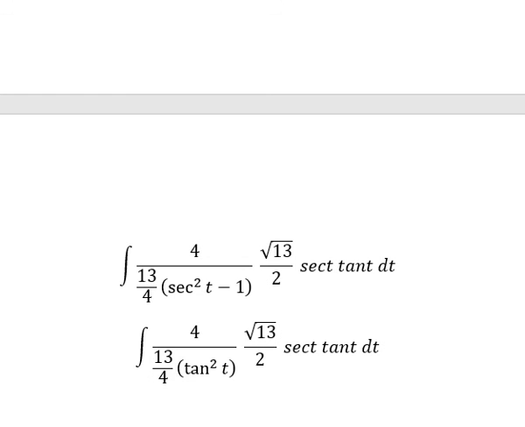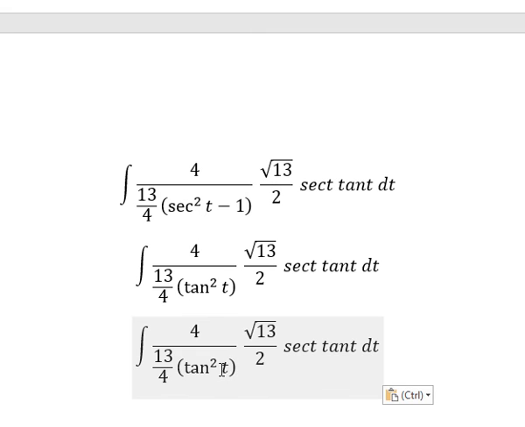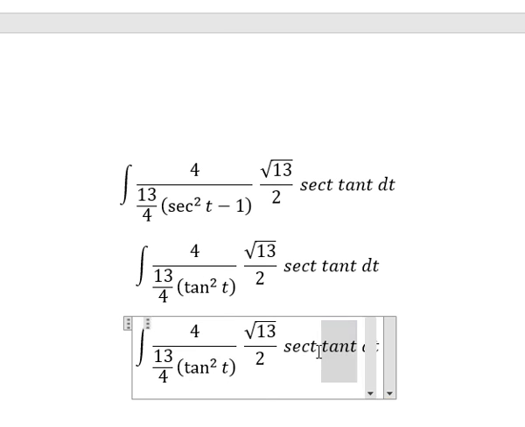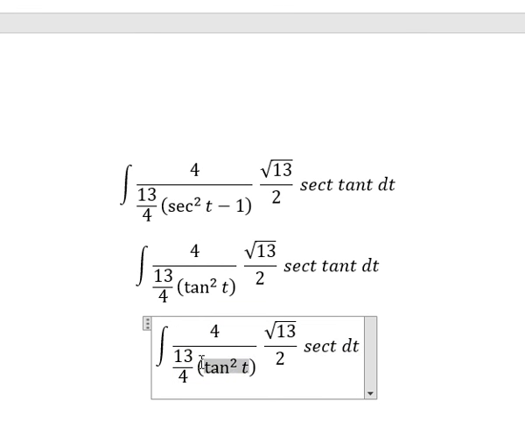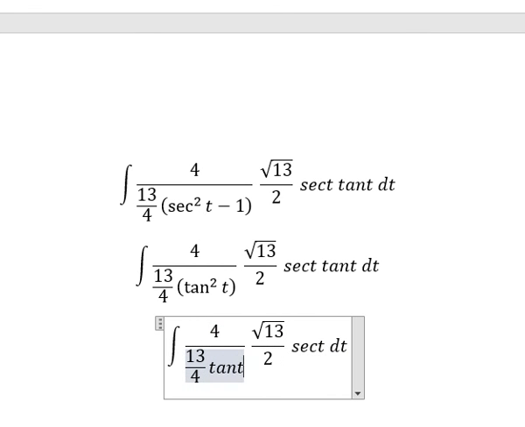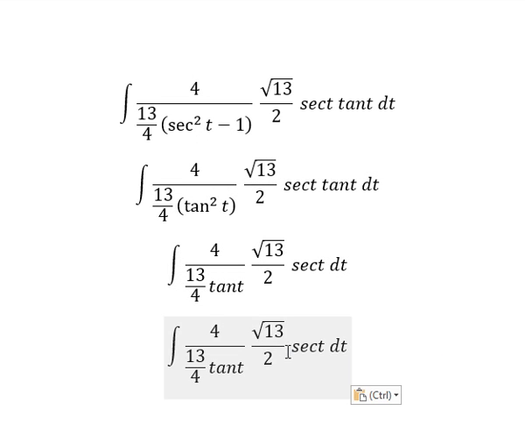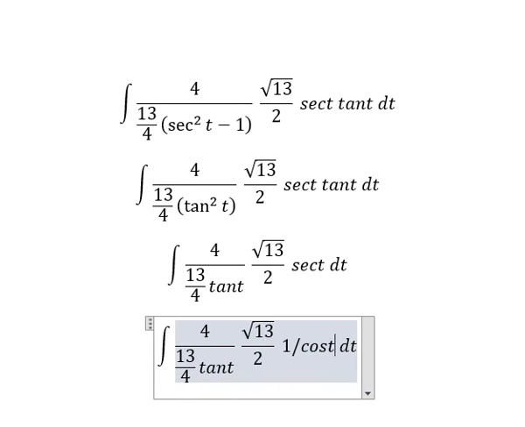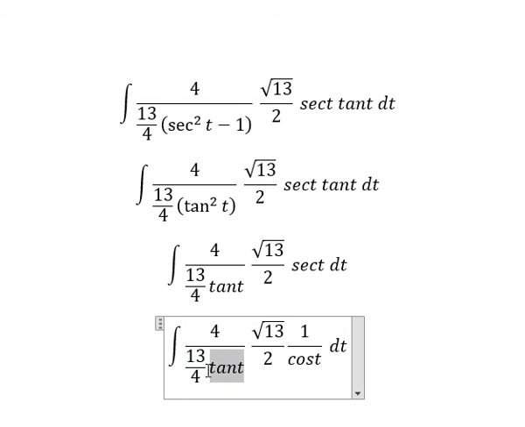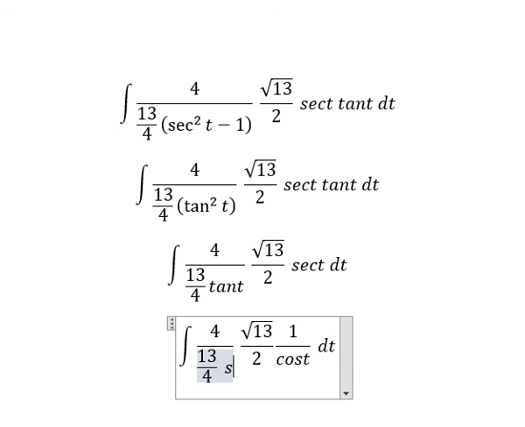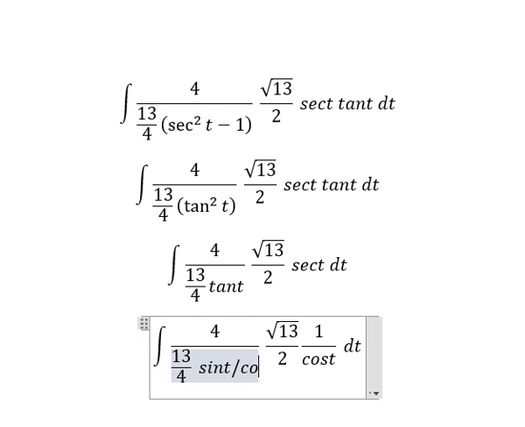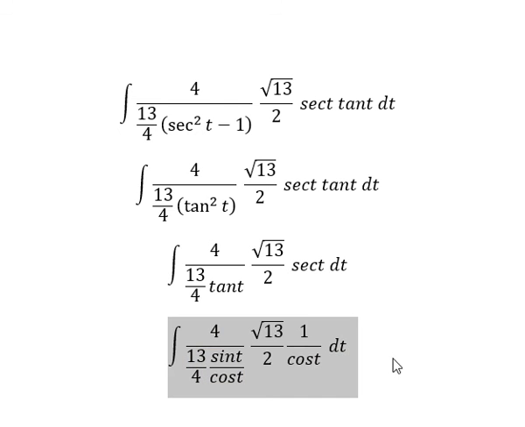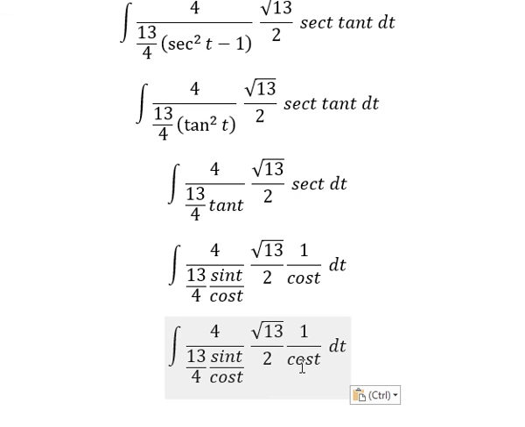And now we simplify tan t, tan t. So this one, that is about 1 over cosine t. This one, that is about sine t over cosine t. And now we need to simplify cosine t, cosine t.